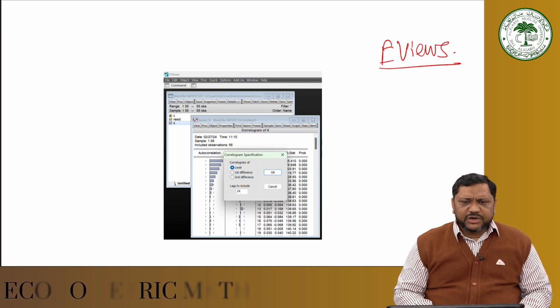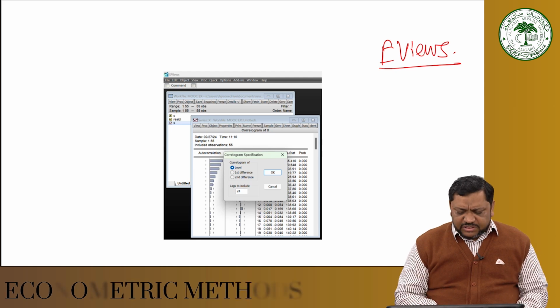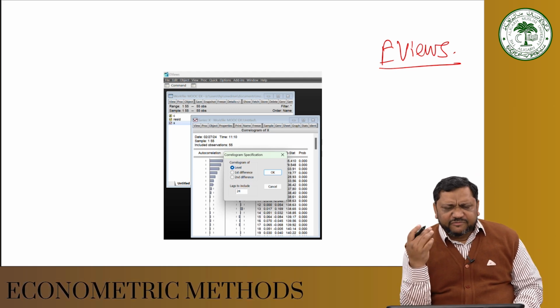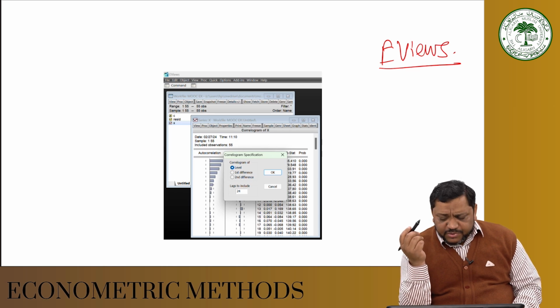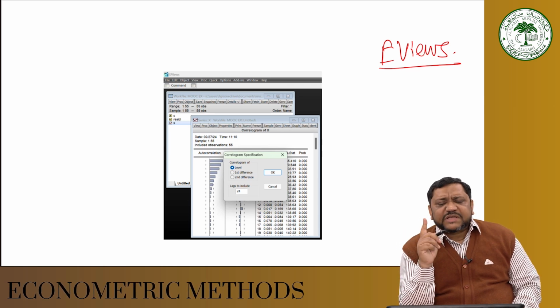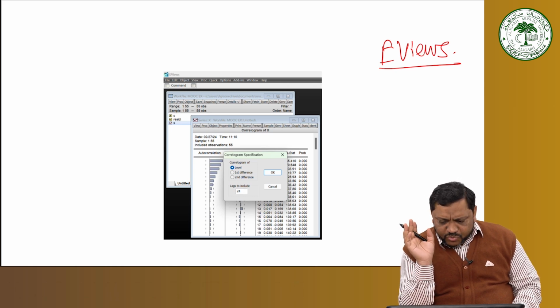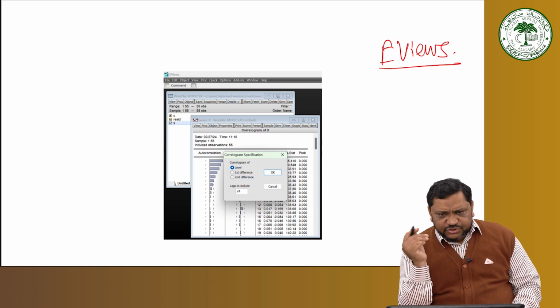So you can download it on your system and work. The number of options is fewer, but that is not basically a problem. The main issue is that it is active for only 1 year. Only 1 year it will work. After that, the license would expire.